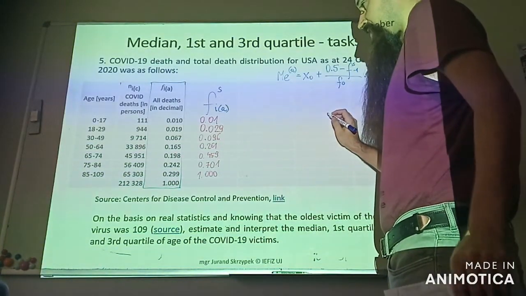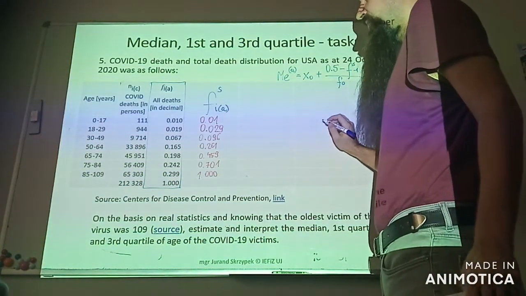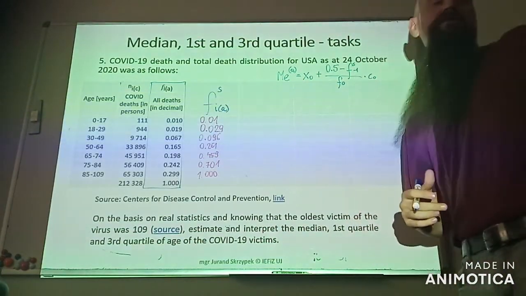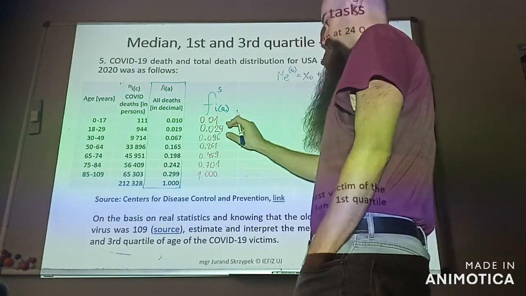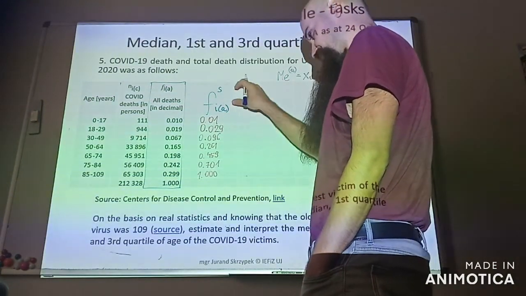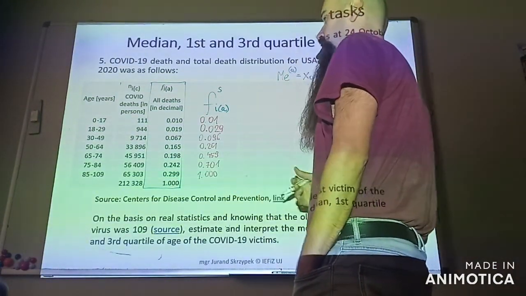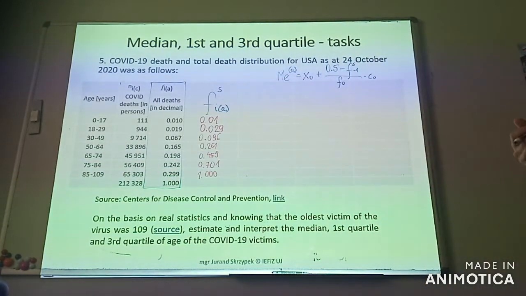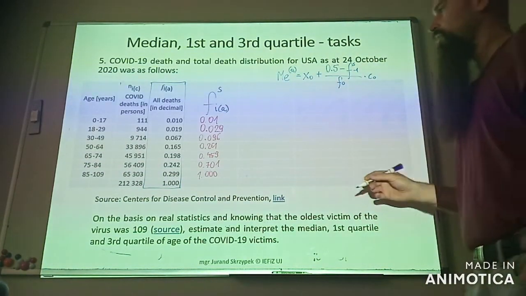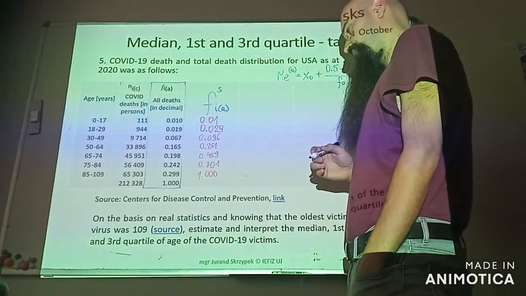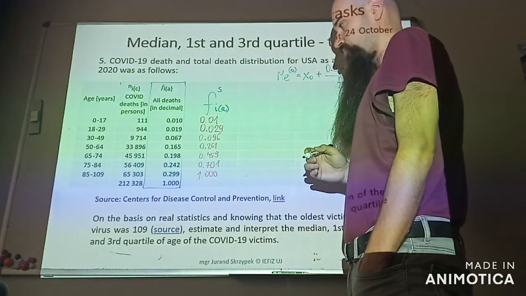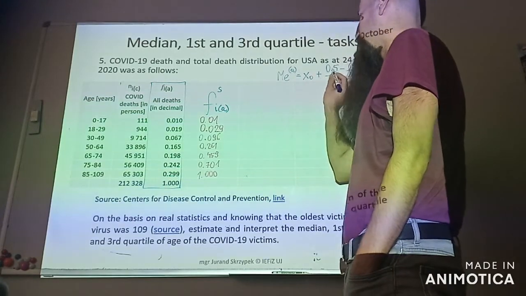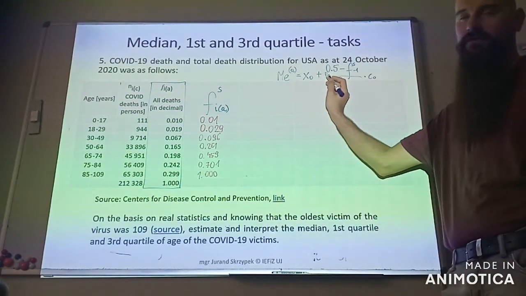How do we find the class of the median? On the basis of the information from the column cumulative relative frequency. We are looking for the value that exceeds a half for the first time.